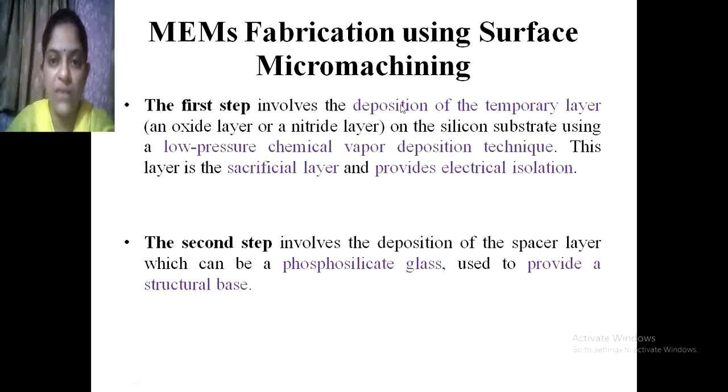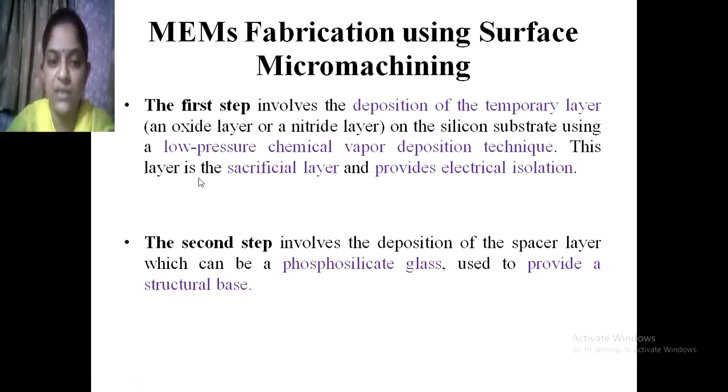In surface micromachining, let us see which steps are followed for the fabrication. It involves the deposition of a temporary layer, made up of an oxide layer or nitride layer, on the silicon substrate using a low pressure chemical vapor deposition technique.